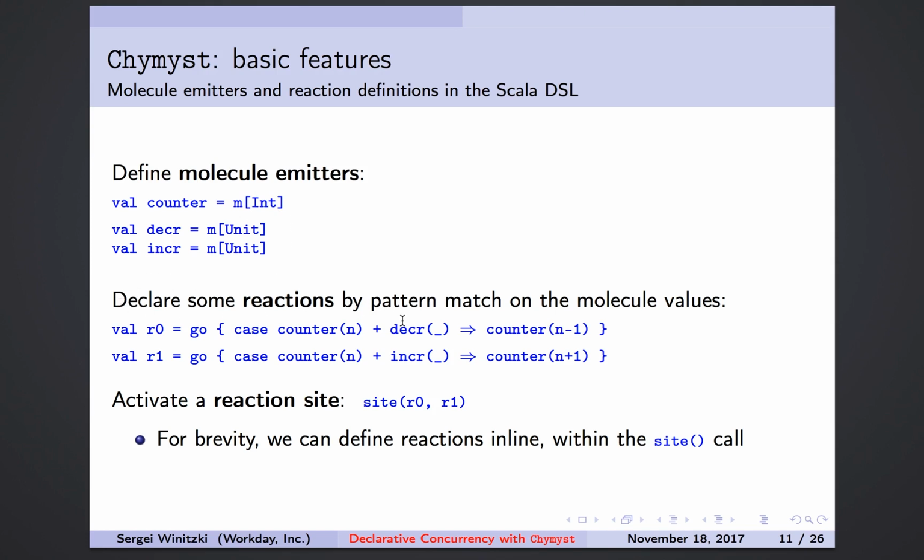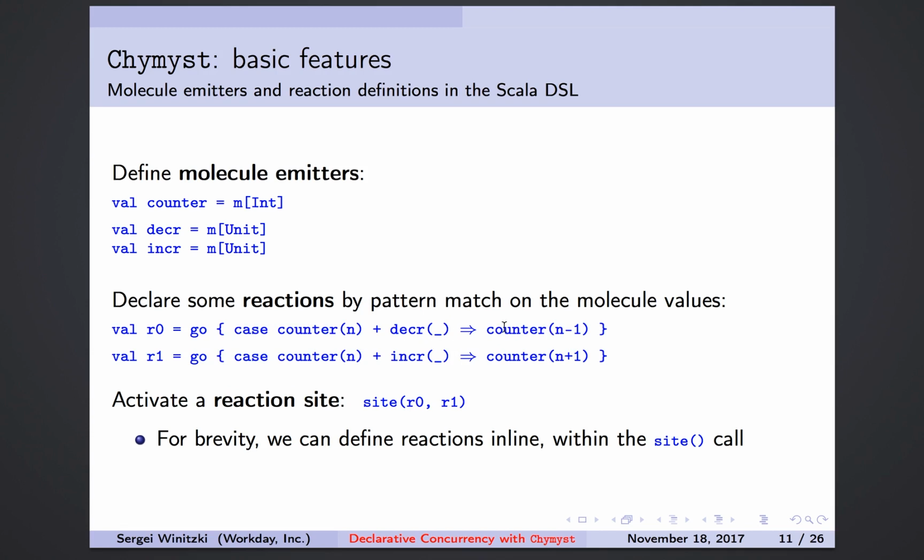Then we declare reactions, such as this. The go is the function that the Chymyst library provides, and then the argument must be a partial function with a single case clause. The left-hand side of the case expression is a pattern match on the molecule values.